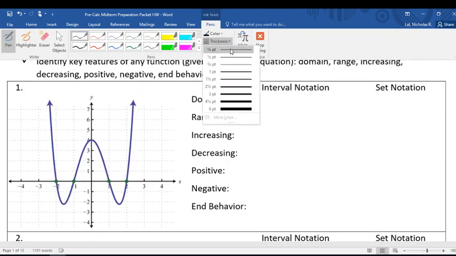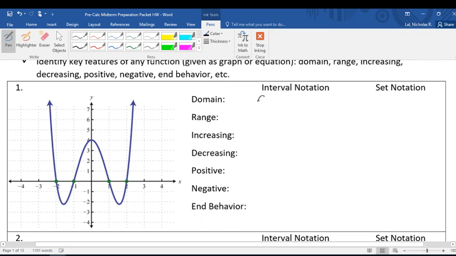For the interval notation, the domain is going to be from negative infinity in parentheses to infinity. In set notation, we can write this as x such that x is equal to, and this notation means all real numbers. It's like an R with an extra line through the middle.